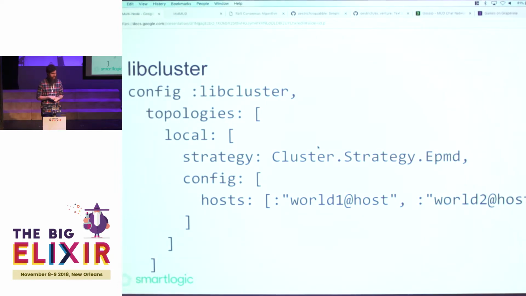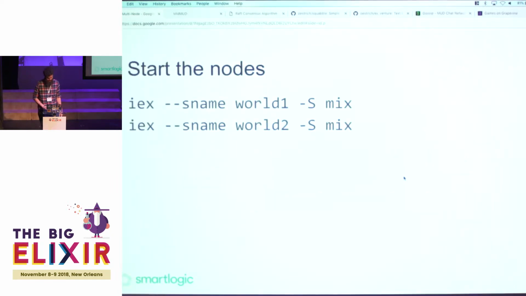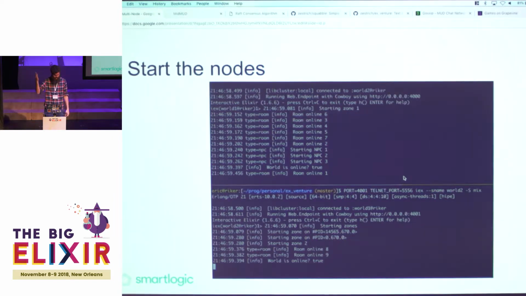We saw Kubernetes earlier, and there's a few others you can do. This is just a local EPMD and our two nodes. You start them with different short names, that's what that sname is. World 1, World 2, they're started and ready to go. You can see the two different nodes spinning up.